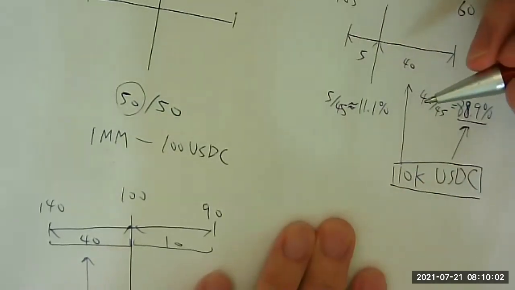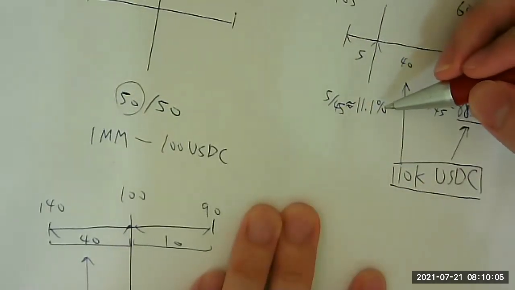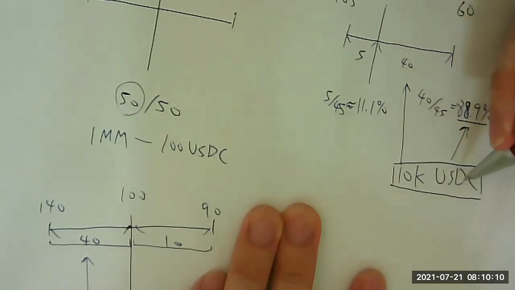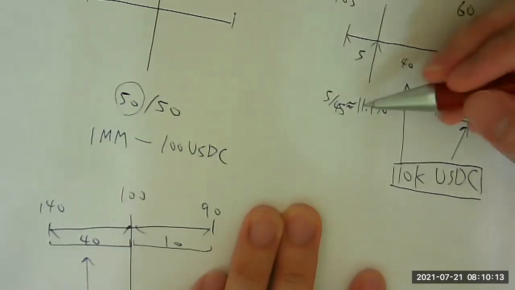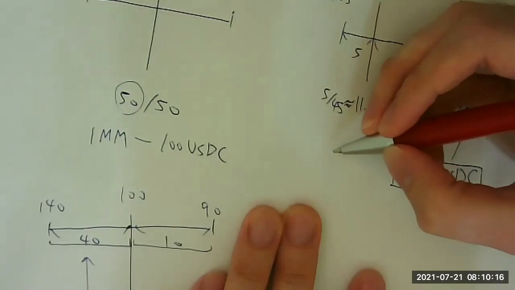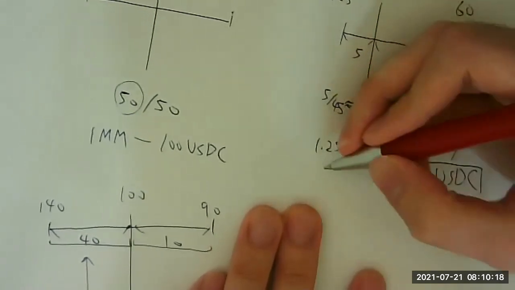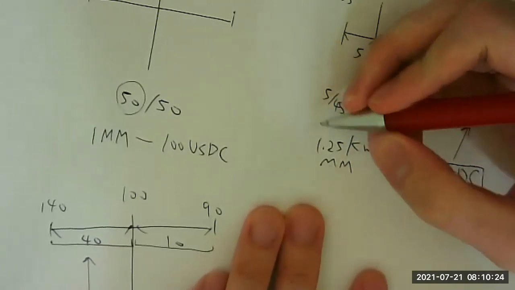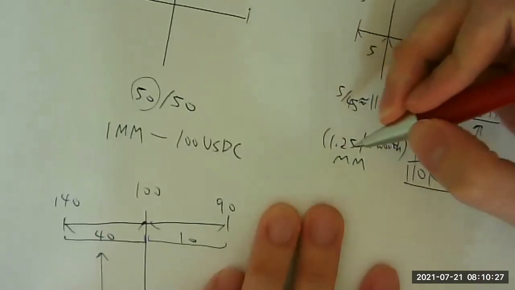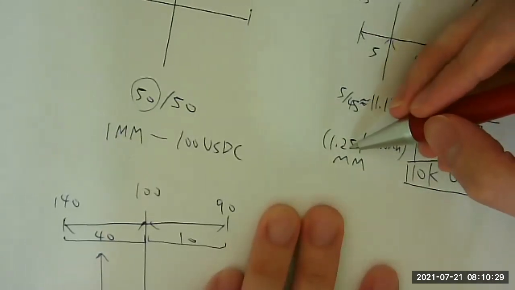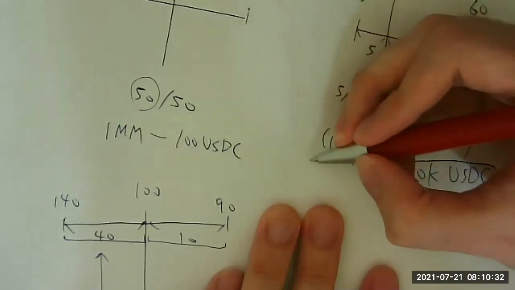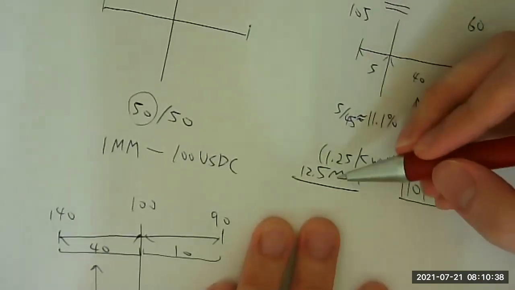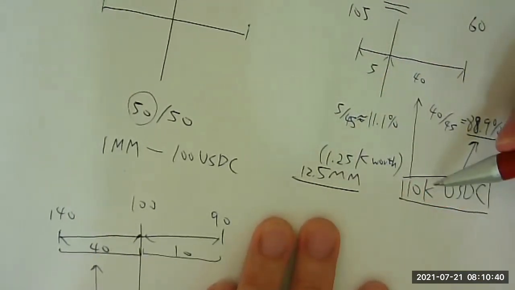So here I would only be putting 1/8 of the USDC I'm putting in, because that's roughly 1/8. So that would be 1.25K worth of NM, which is 12,500 divided by 100. So that's 12.5 NM. So if I set up the range like this, I'll be putting 12.5 NM with 10K USDC.